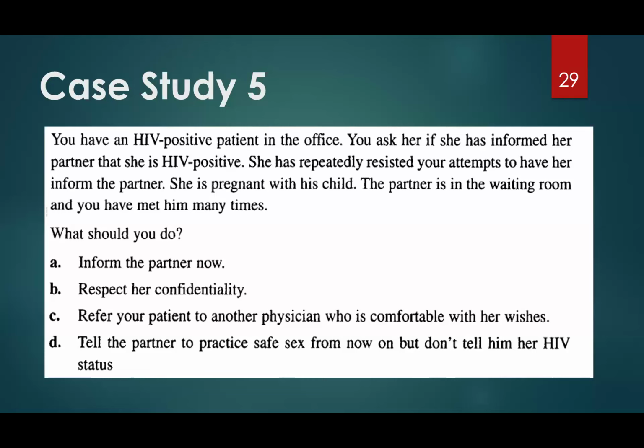What should you do? Inform the partner now, respect her confidentiality, refer your patient to another physician who is comfortable with her wishes, or tell the partner to practice safe sex from now on, but don't tell him her HIV status. What is the best choice in this case?